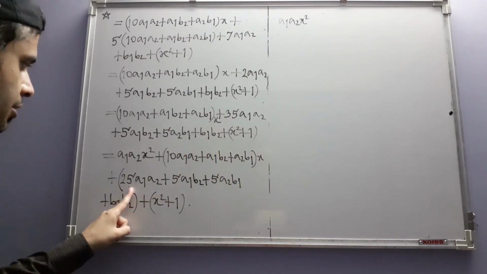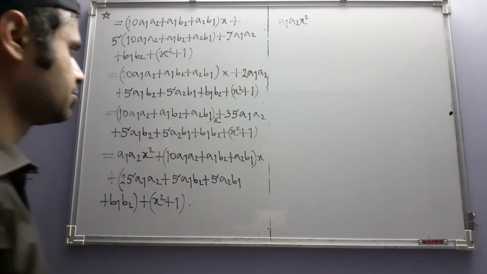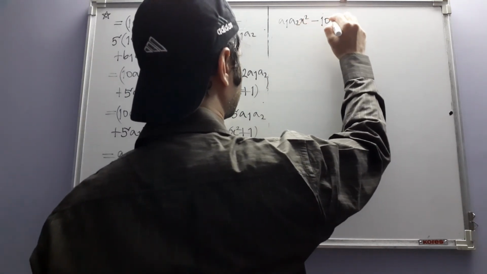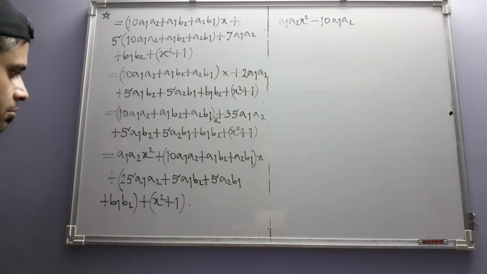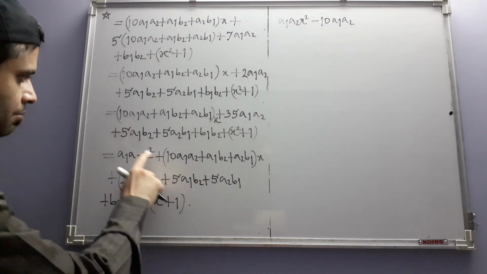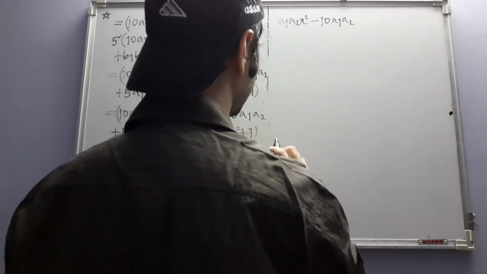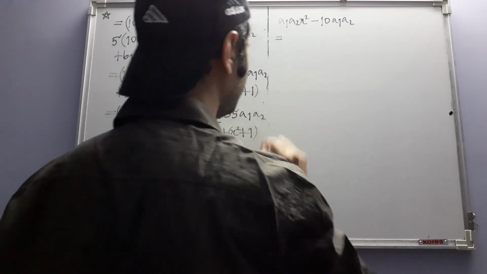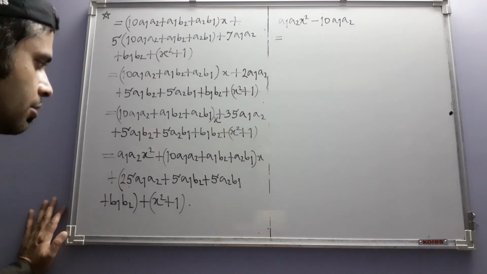Okay, you see, now it becomes 25 minus 35, so that is minus 10 a1 a2, and 5 a1 b2, 5 a1 b2, all the other things they cancel. So we have this. Okay, so it becomes x square minus 1, but that is not a multiple of x square plus 1.